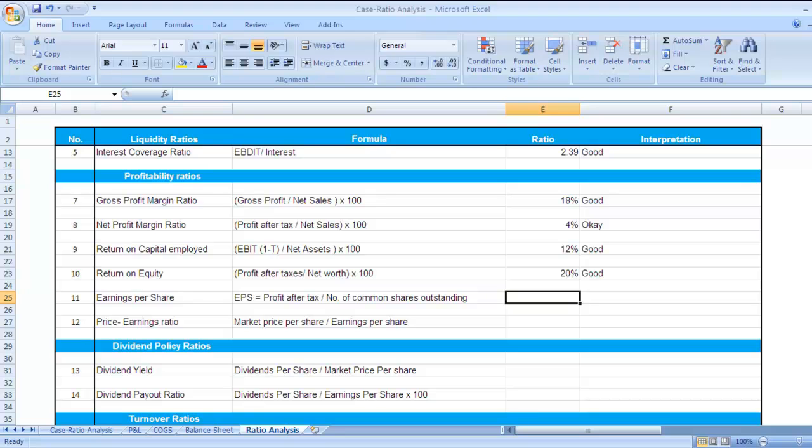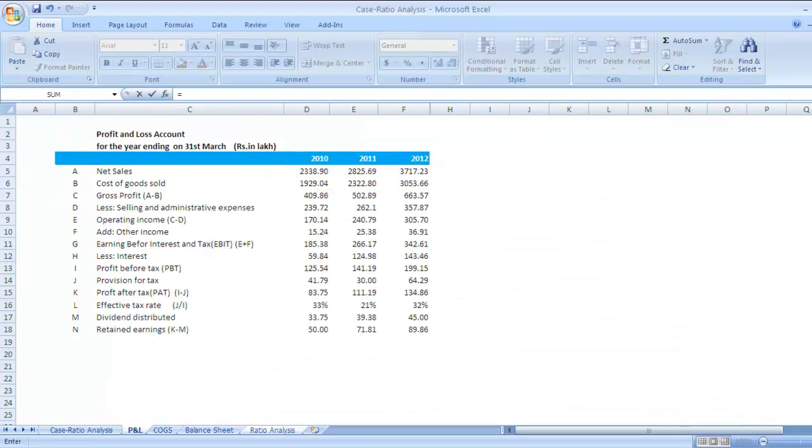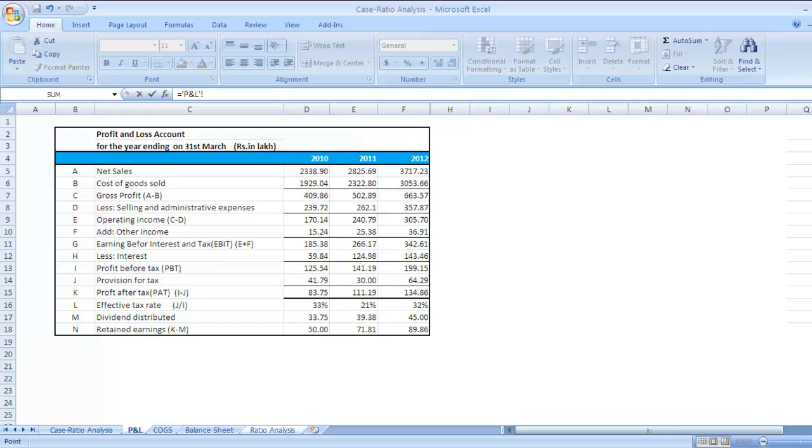You might have heard this EPS jargon in financial annual reports or financial dailies like Economic Times, Business Standard. So what is EPS? EPS is calculated as profit after tax divided by number of common shares outstanding. Profit after tax is given in P&L, which is 134.86, divided by number of common shares outstanding.